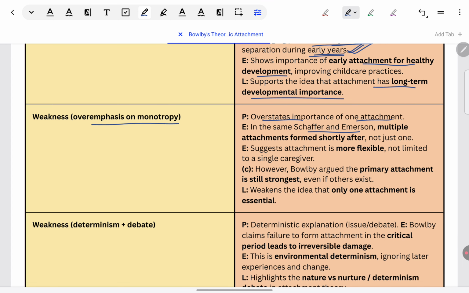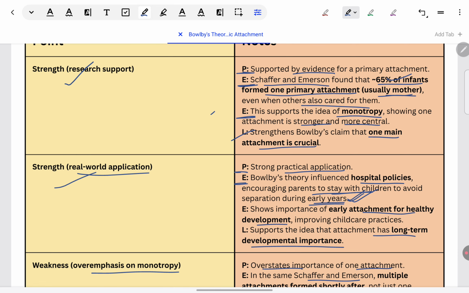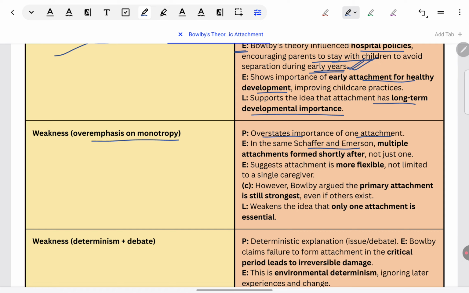Schaffer and Emerson, the same researchers whose study we saw first, found that there is a period in which that one attachment happens. But immediately after that comes another period where multiple attachments take place. Shortly after that, one attachment becomes important, and many other attachments become important.